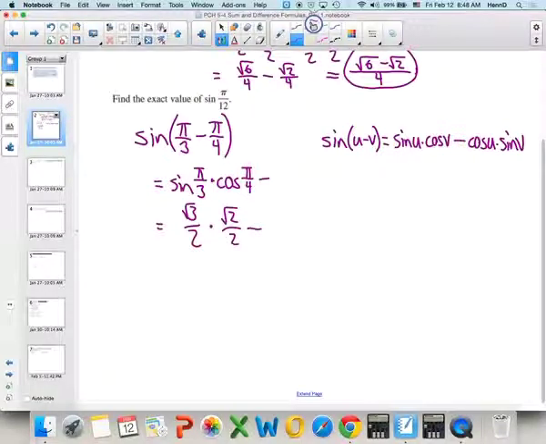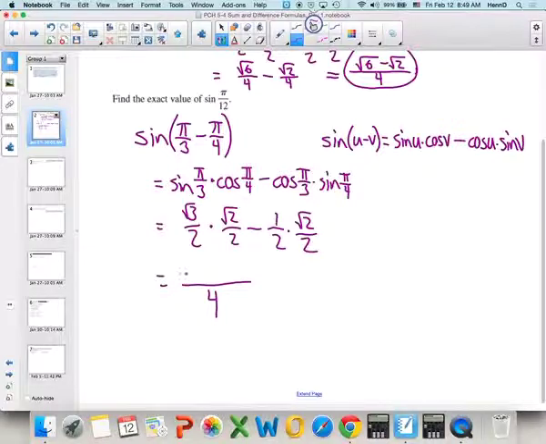Minus cosine of pi over 3, which is 1/2, times the sine of pi over 4, which equals root 2 over 2. So we simplify this, and they're both going to be over 4, so I'll put the whole thing over 4.